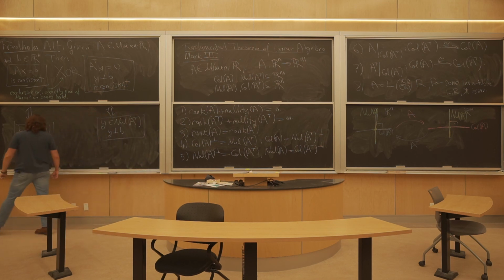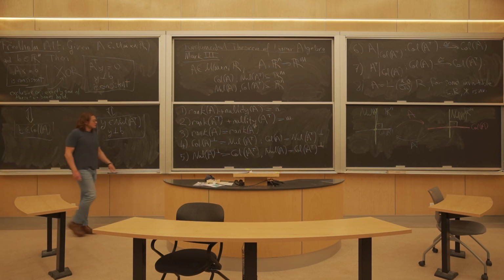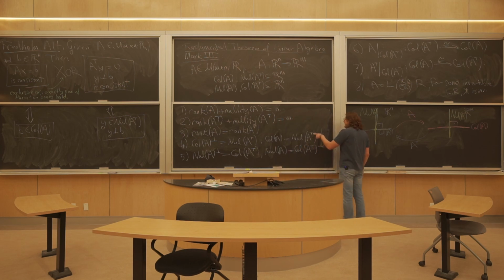Okay. Well, we know that the column space of A is nothing but the null space of A. Not perpendicular. I should have said not perpendicular, I think. We'll see.